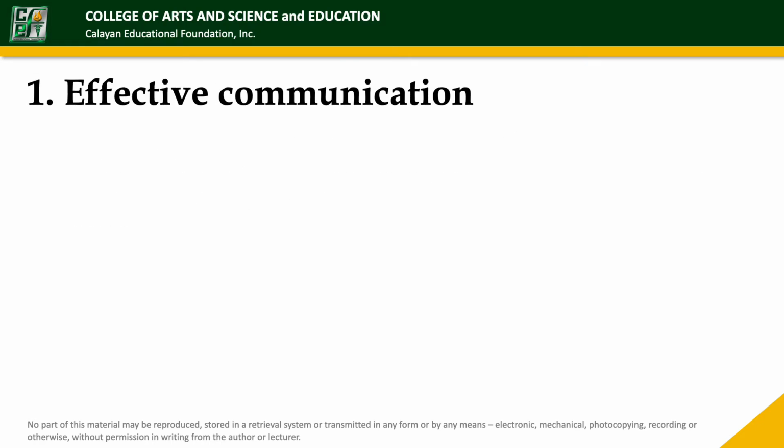So, one is effective communication. As we all know, for us to be able to express our ideas, for us to be able to say something, we should be very good when it comes to communication. It's not only about just communication, but the term used is effective communication.